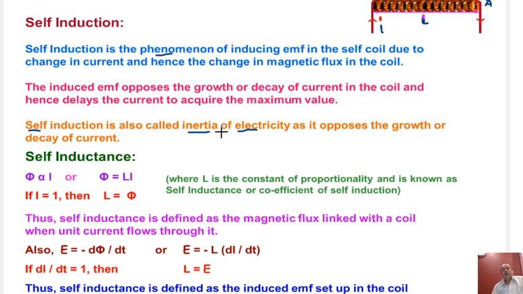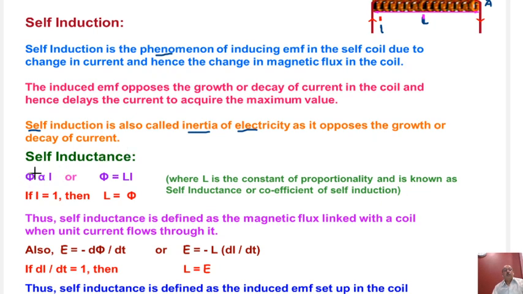If any object is at rest, it wants to remain at rest until and unless there is an external force. That was the inertia of mass. But here we are taking inertia of electricity. So, according to inertia of electricity, it opposes the growth or decay of current.